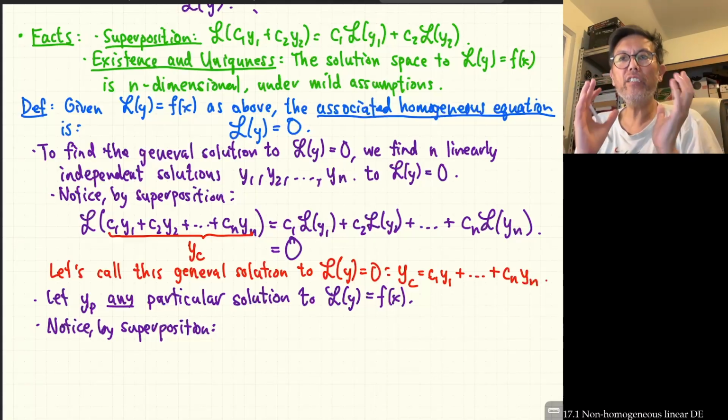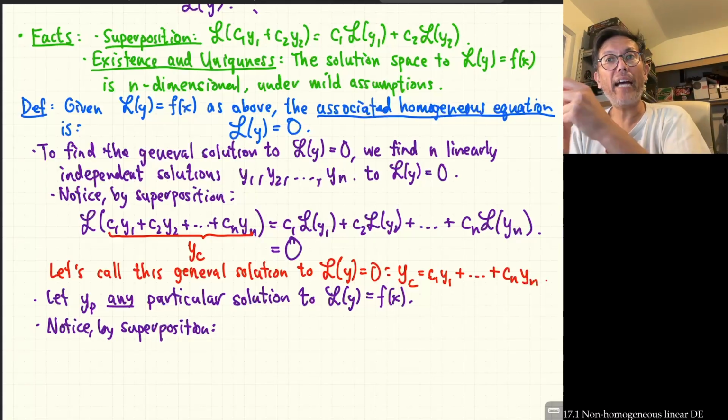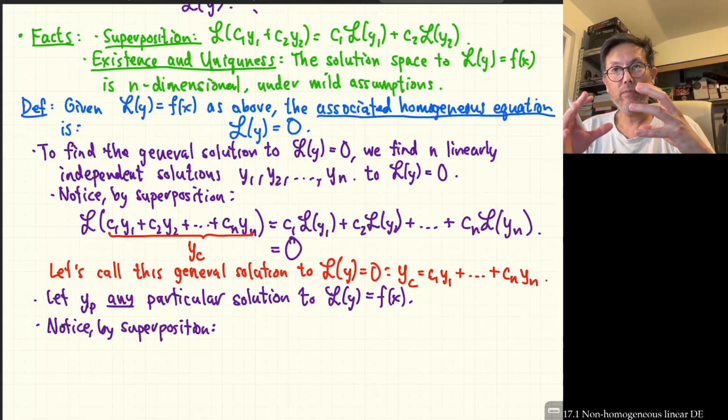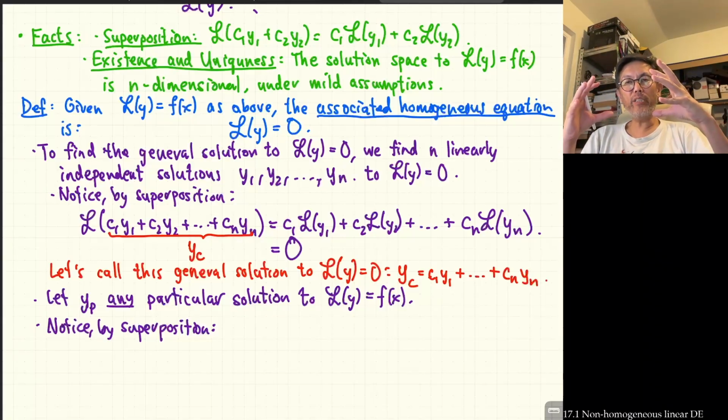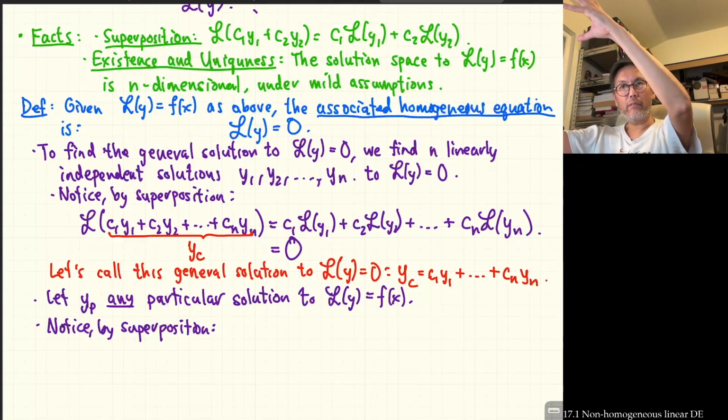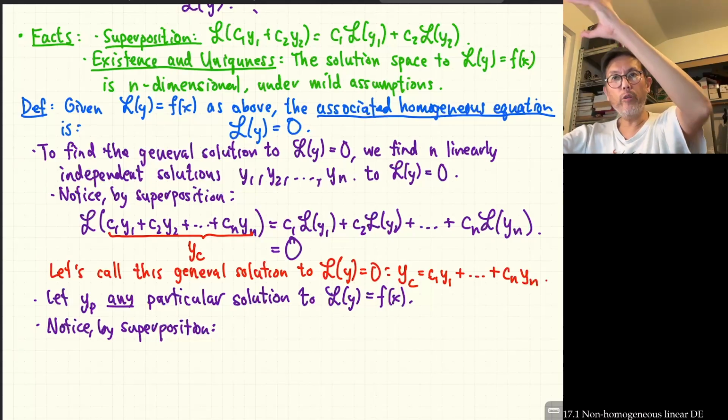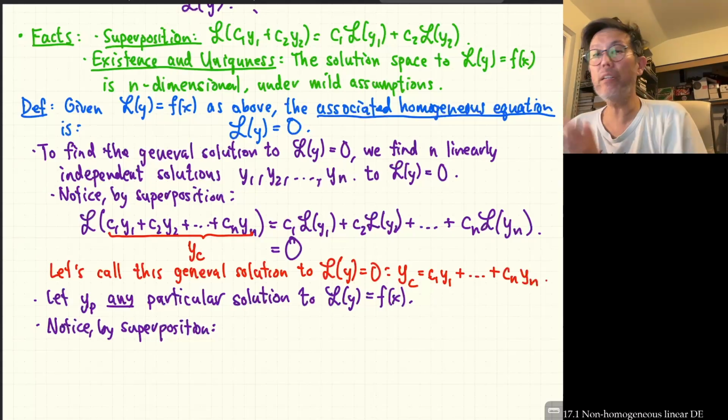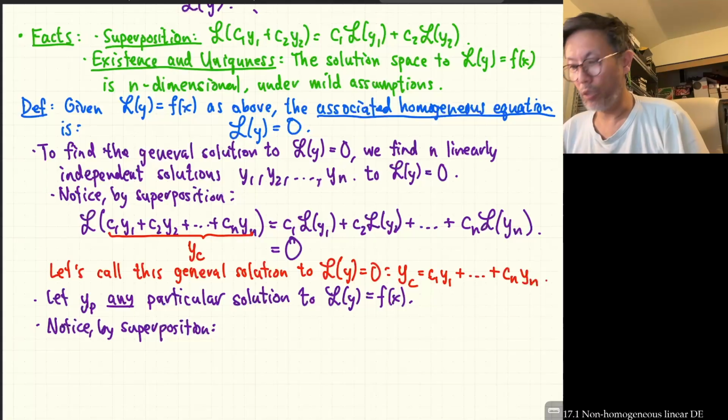If we take y sub c and add to that y sub p, the feeling I want you to feel is that y sub c is a space, and we're going to take that space and translate it by y sub p. And what we're going to obtain is still n-dimensional, but observe.